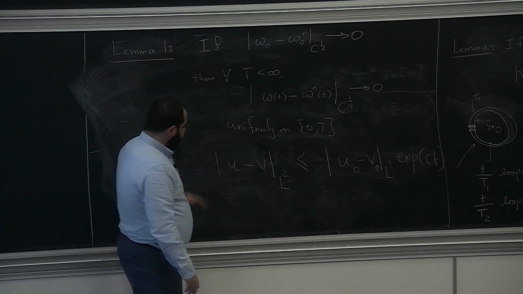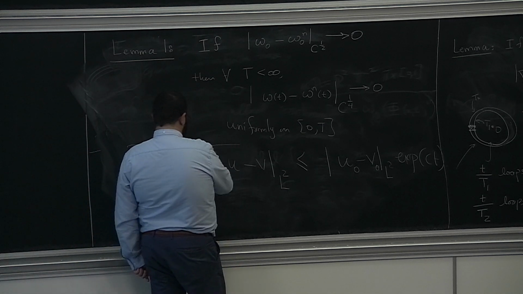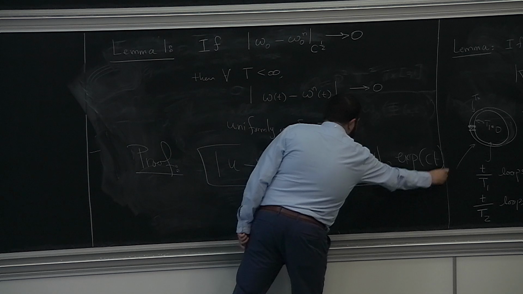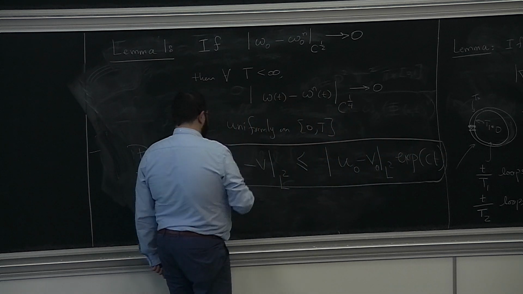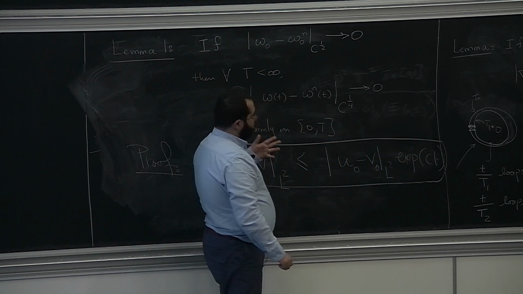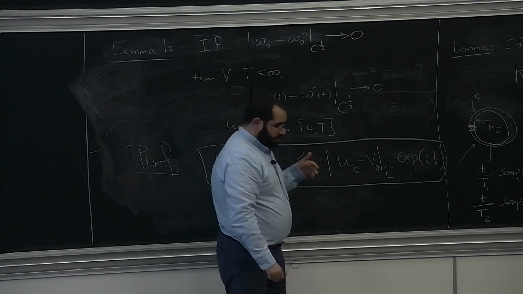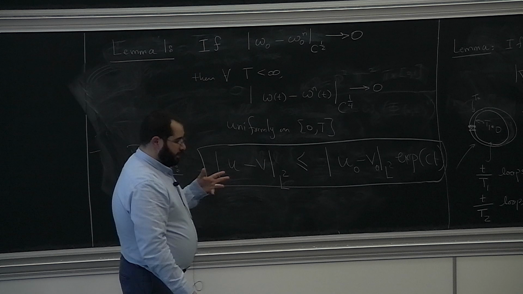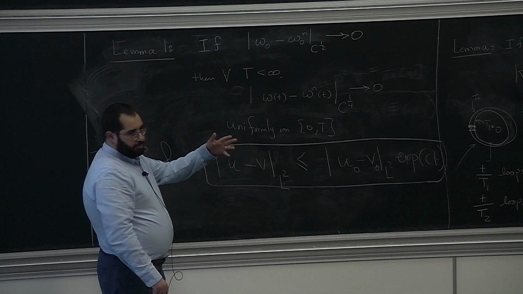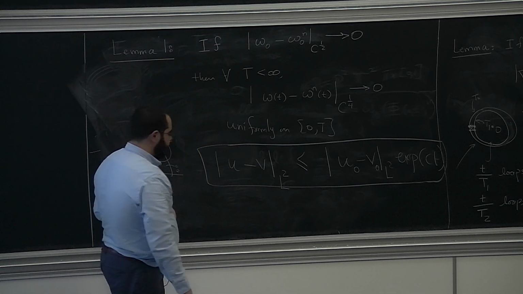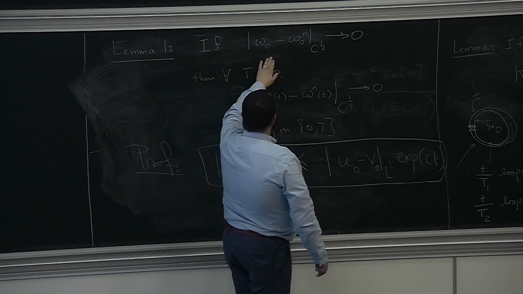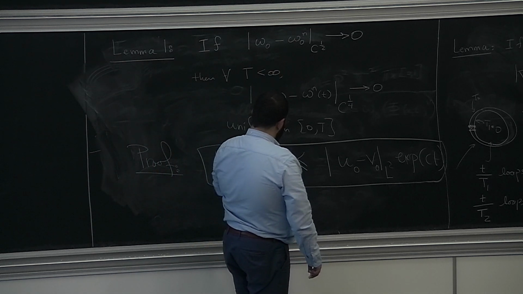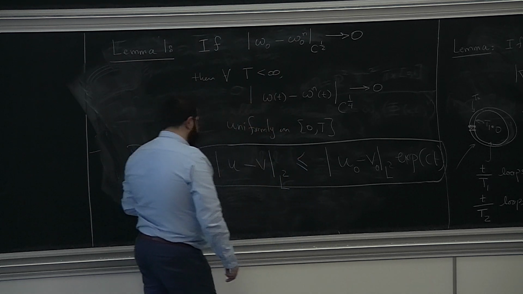So you get a bound of this type. If you try to do this on the vorticity directly, you run into some small problems. It's more direct using it this way.